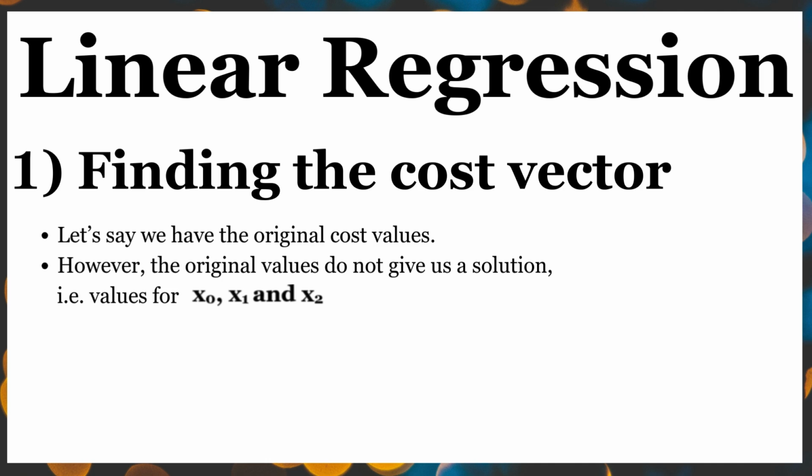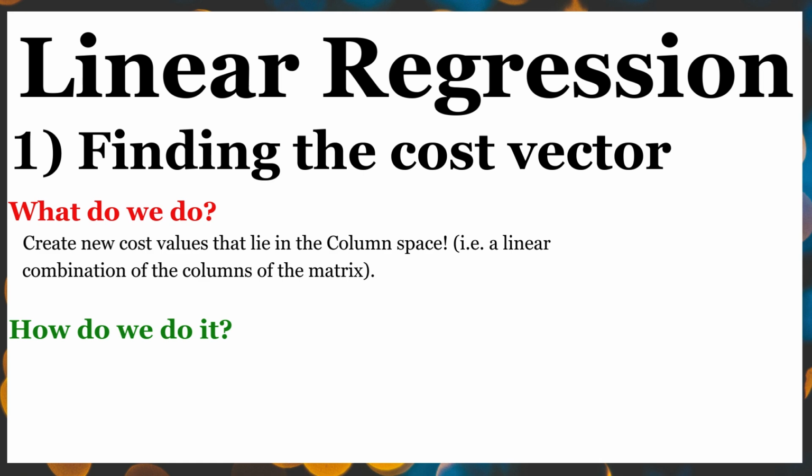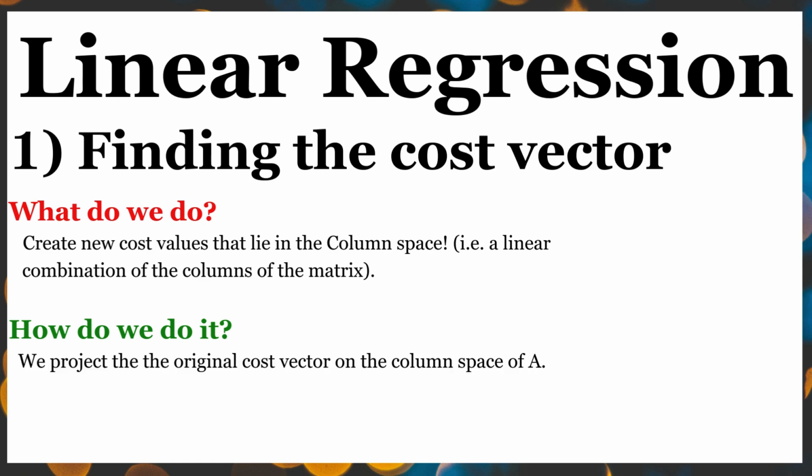So what do we do? We create a new cost vector that best represents the original costs but lies in the column space of A. The next question is, how do we do it? And the answer is, we project the original cost vector onto the column space by using this equation.